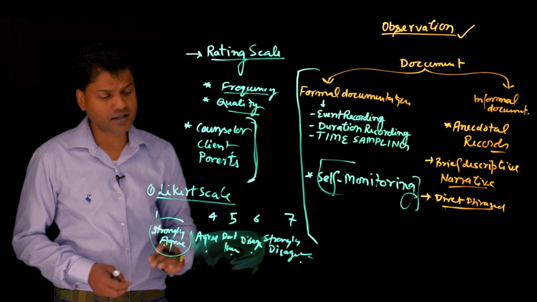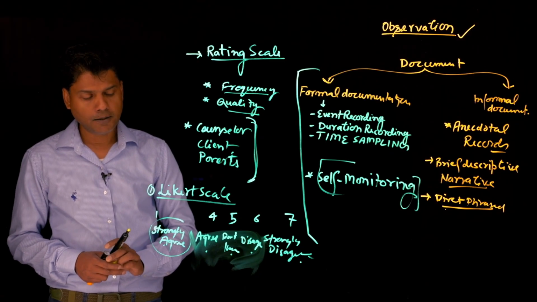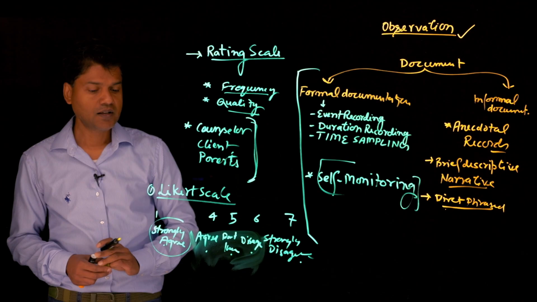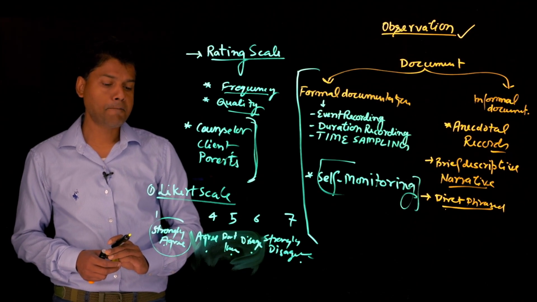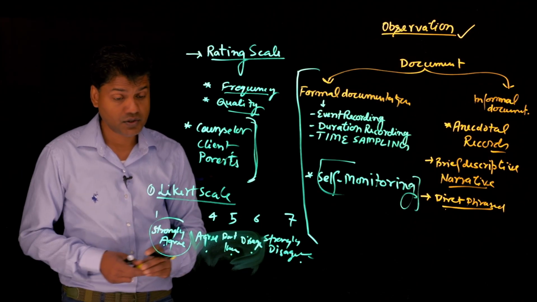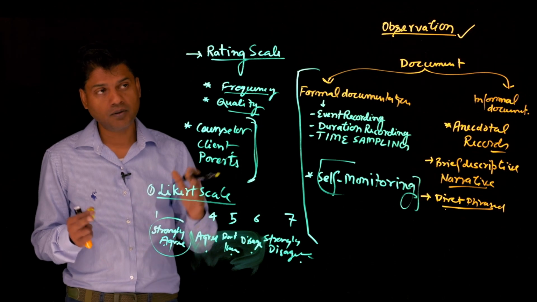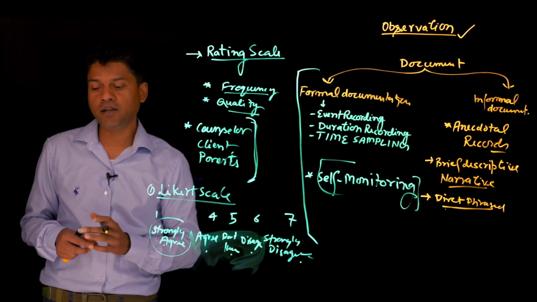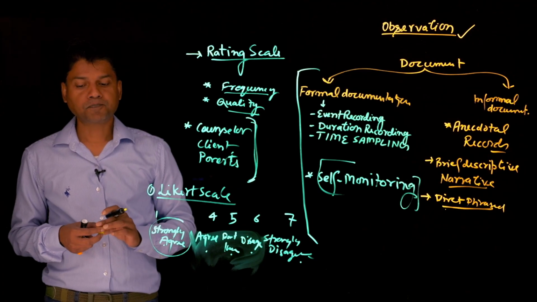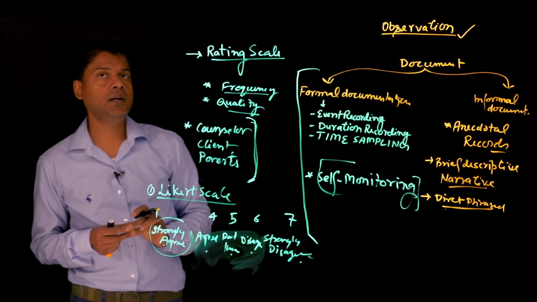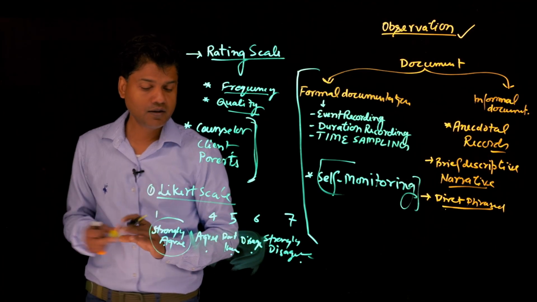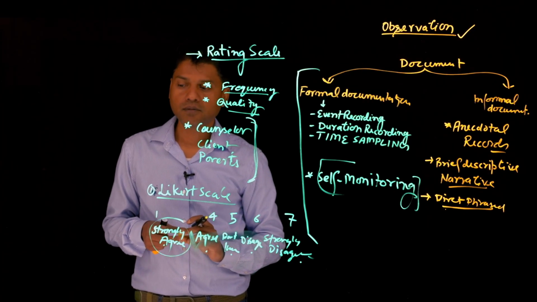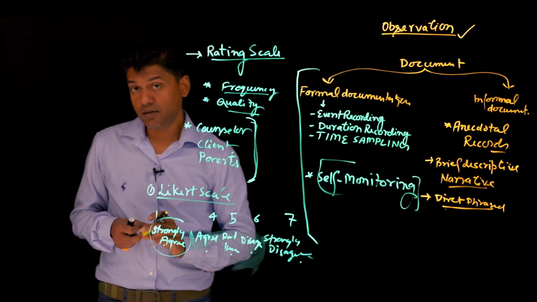The 5-point Likert scale is very, very common. It's commonly used to document observation. So let's say a parent is filling a rating scale with a 5-point Likert scale where they can respond to an observation like, my child goes to bed every day before 9.